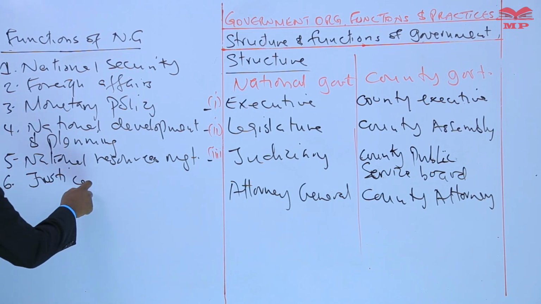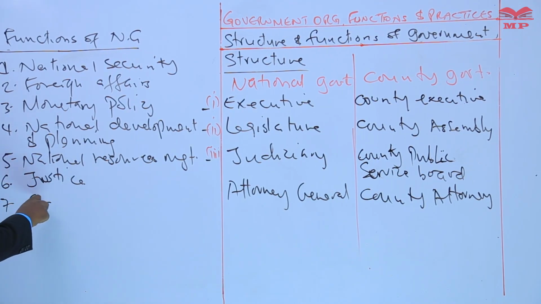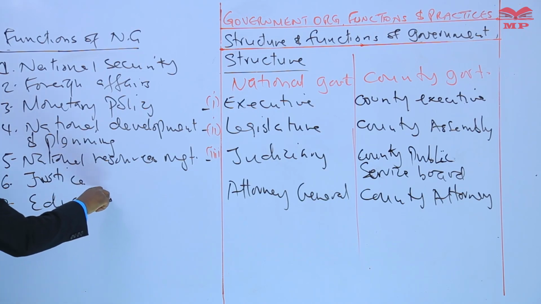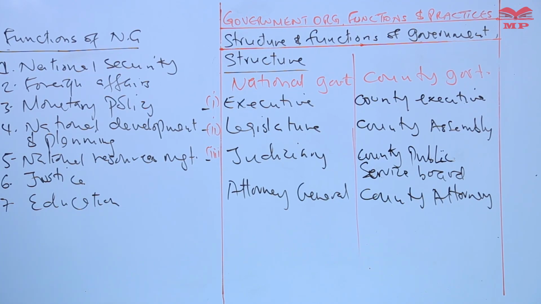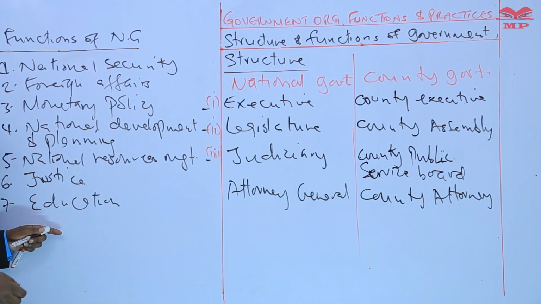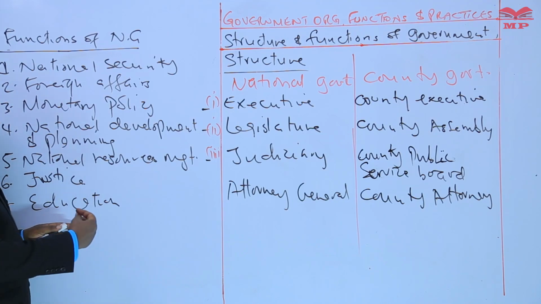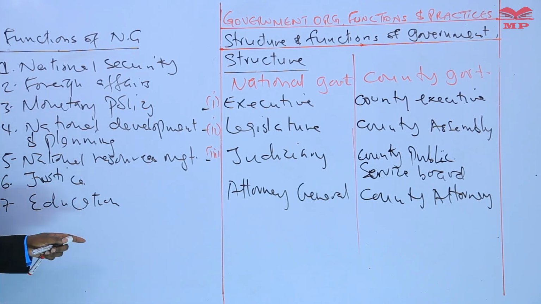Number 6, justice. Number 7, education is a function of the national government. The national government is responsible for the development and management of education policies and systems, including the provision of funding for public schools, the management of national examinations, curricula, and so on.